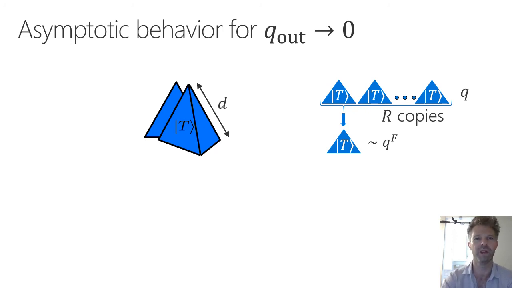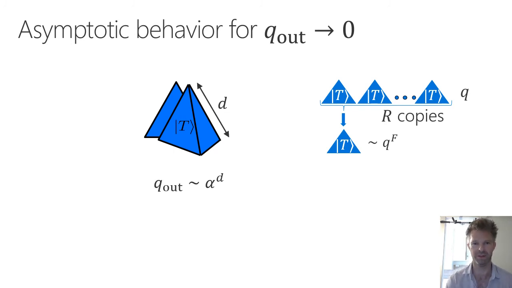Another thing that you can look at is the asymptotic behavior of both code switching and distillation as the output error rate goes to 0. In the case of code switching, since the T state is really just produced in a 3D color code, which is subject to noise during ongoing error correction as normal, we expect that the probability of failure of any state, including the T state, should go down exponentially with the code distance.